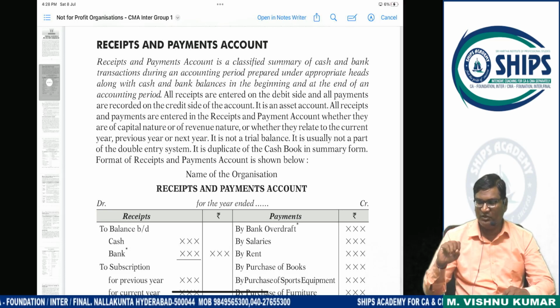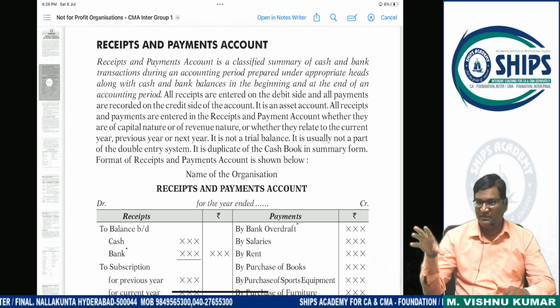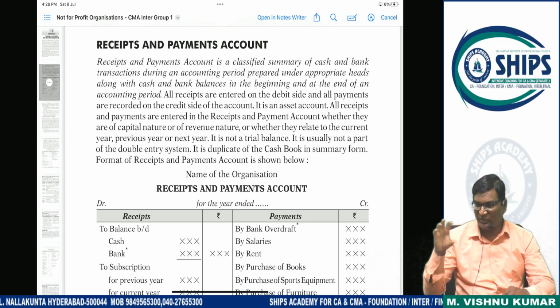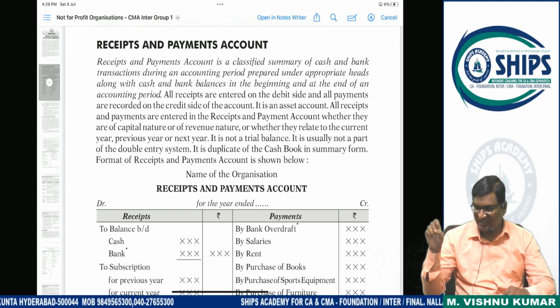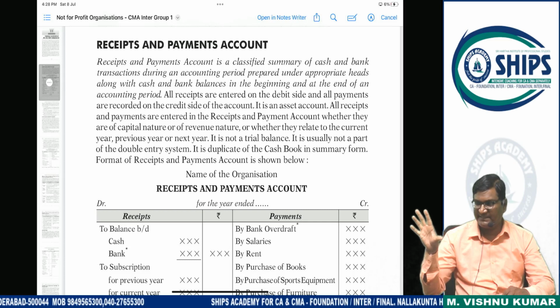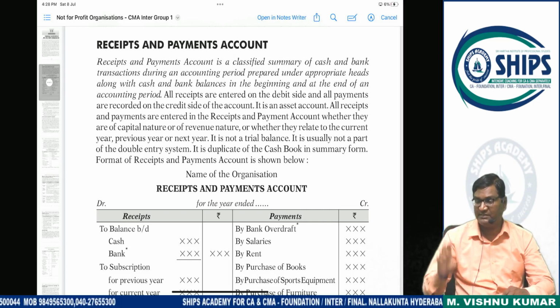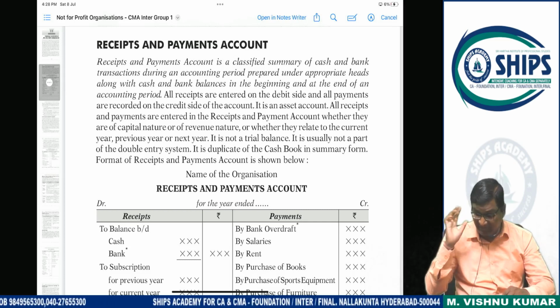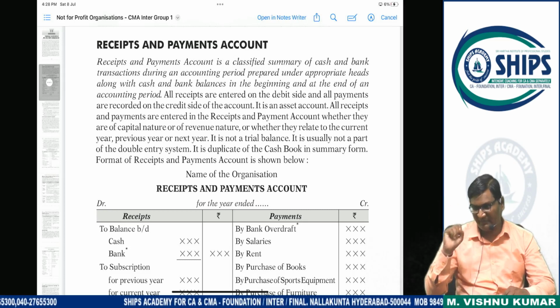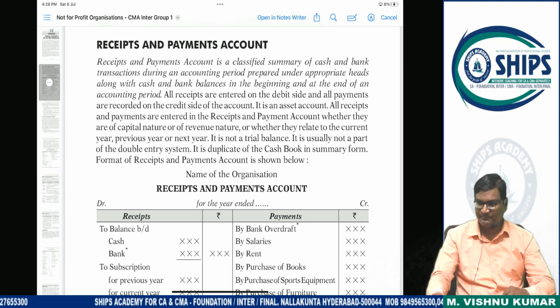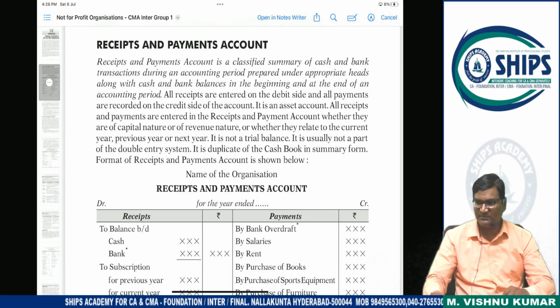In receipts and payments account, any transaction which does not affect cash or bank, or does not have cash involvement, is excluded. So non-cash items will not come here, like depreciation, loss on sale of assets, any transaction which is accrued, any transaction which is outstanding.